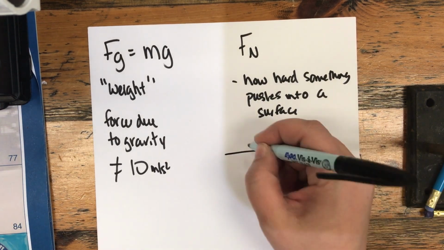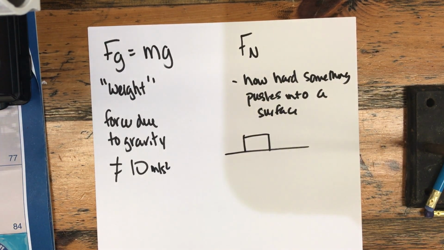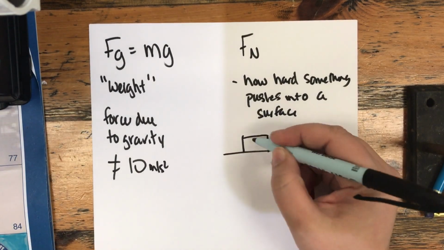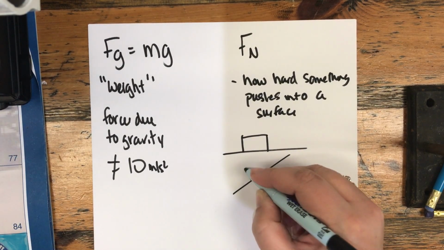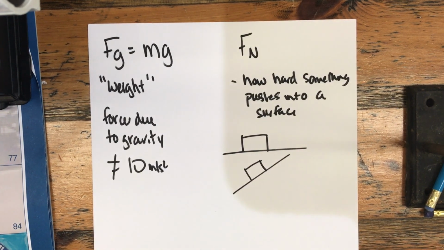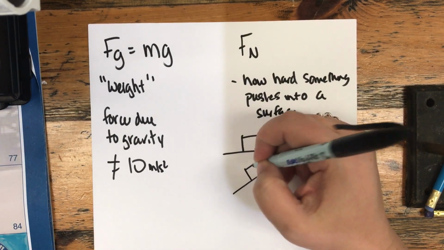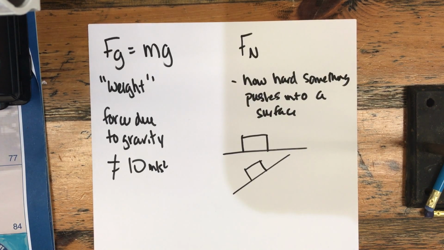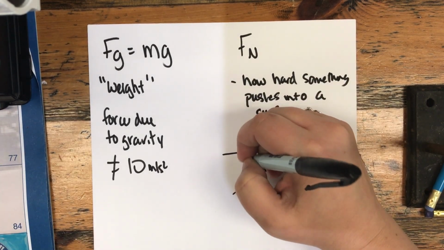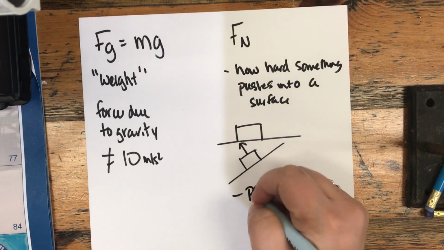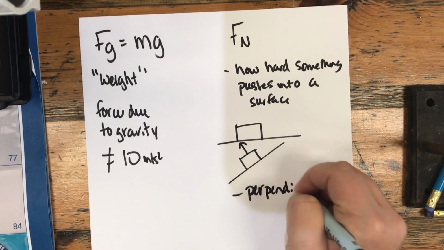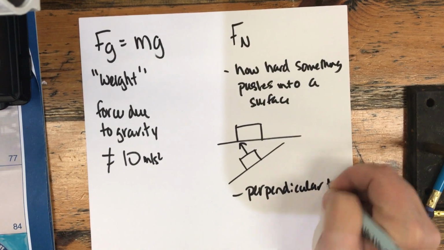If you just have an object sitting on a level tabletop, then the normal force and gravity would be equal to one another. Whereas if I tilted it up on its side, the normal force is going to be a little bit less. It's not pushing into the surface quite so hard, and it would be in this direction. So normal force is also always perpendicular to that surface.